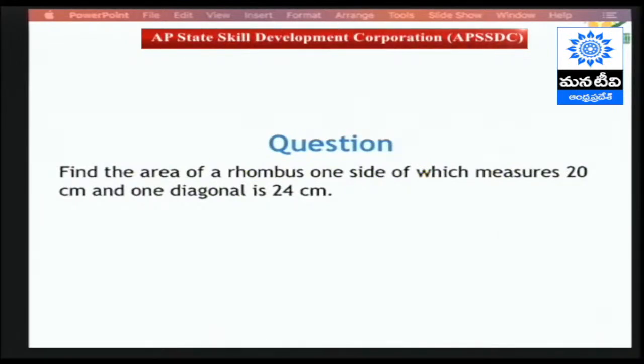Only the side is given to us, and no need to worry, because when it comes to rhombus properties, all the sides are equal. Now let's understand the difference between a rhombus and a square. The basic difference: all the sides in the square and rhombus are the same.